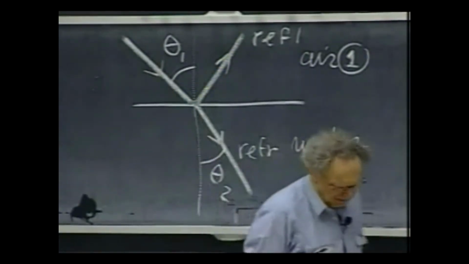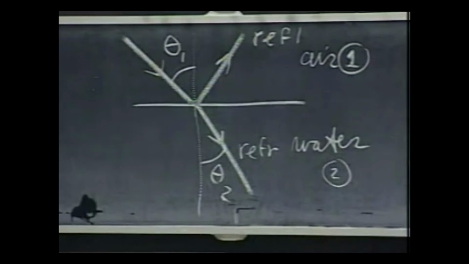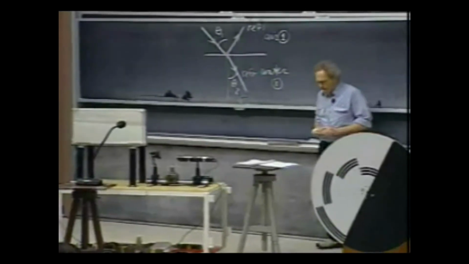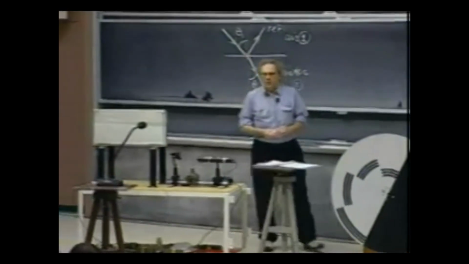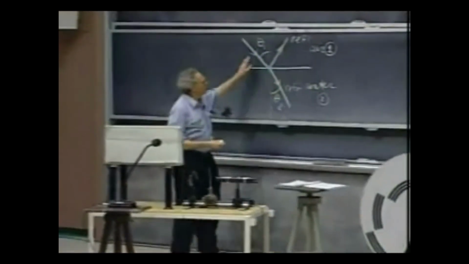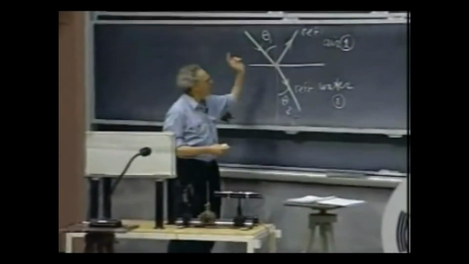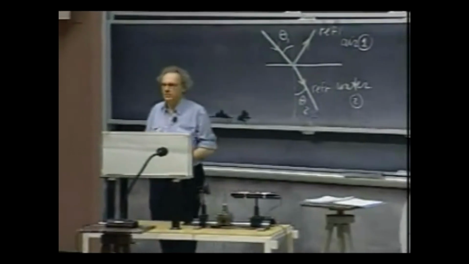And it was a Dutchman, Willebrord Snellius, who in the 17th century found 3 rules that govern the relation between these 3 light beams.